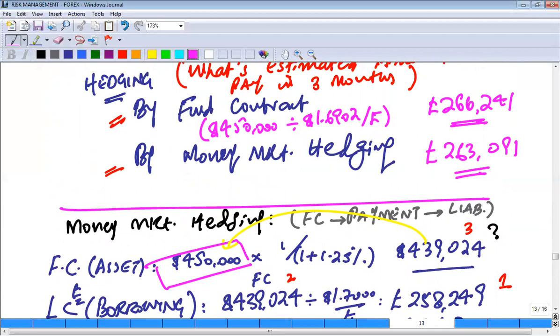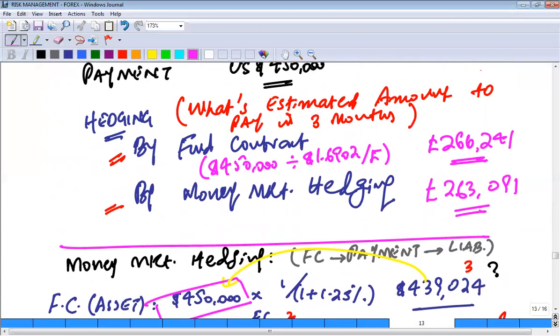So which one is better, the forward contract or money market hedging? The decision is based on where the amount of payment is lower, and in the case of receipts, the amount received is higher.